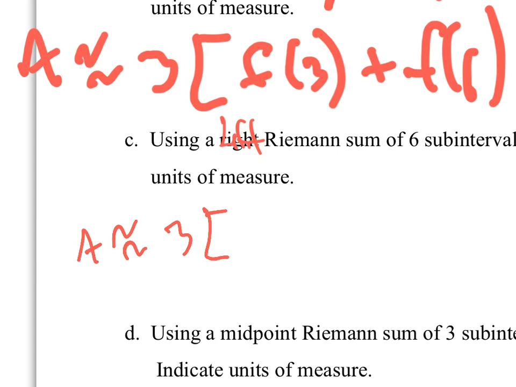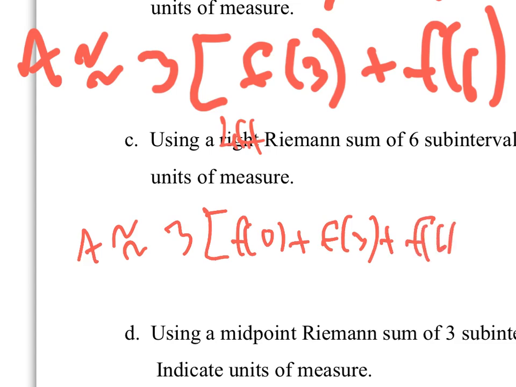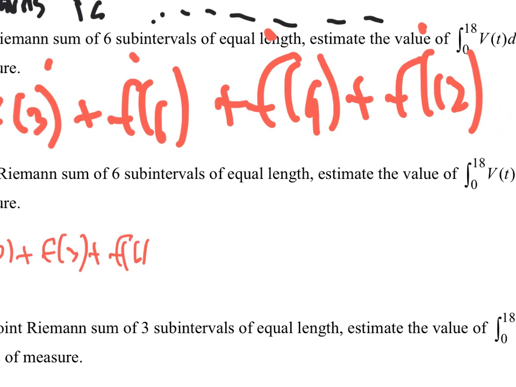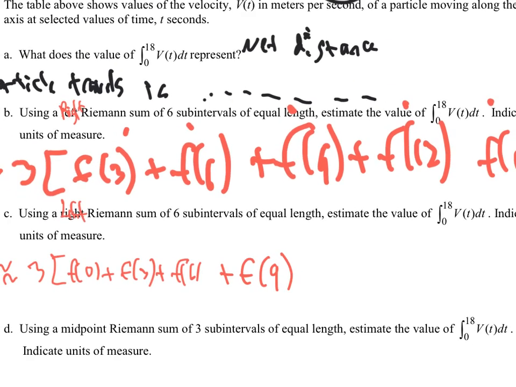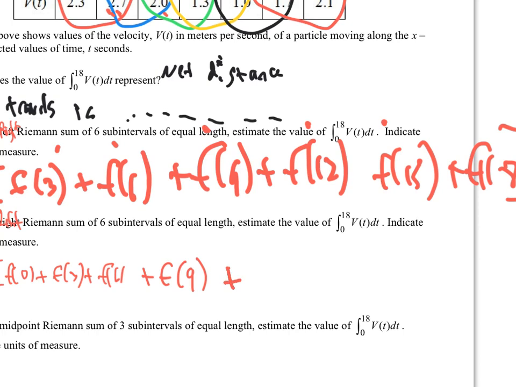This time I start with the f of 0, and then I jump over to f of 3. Then I do f of 6, then f of 9, and f of 12.